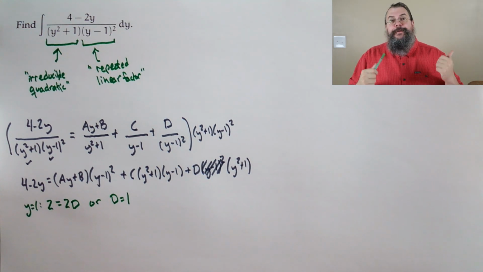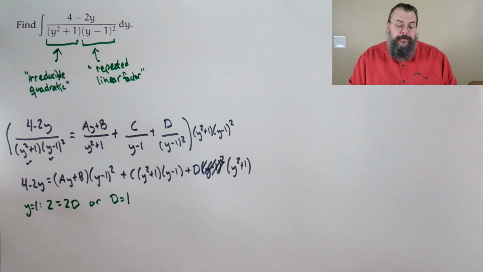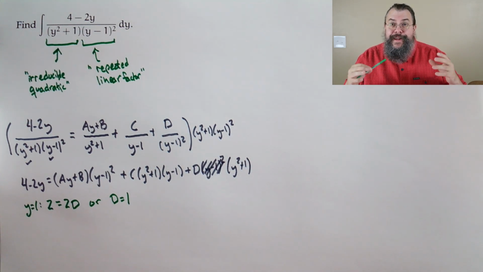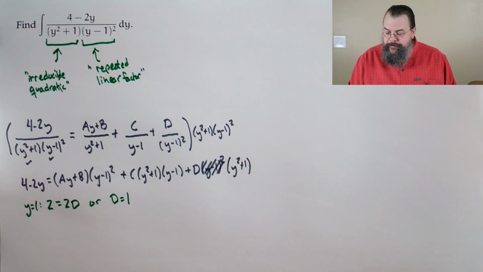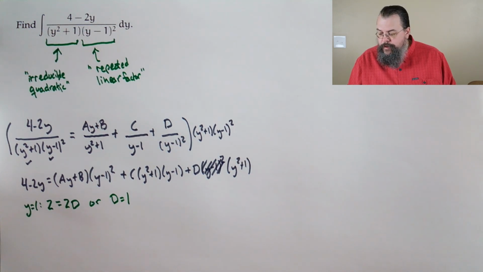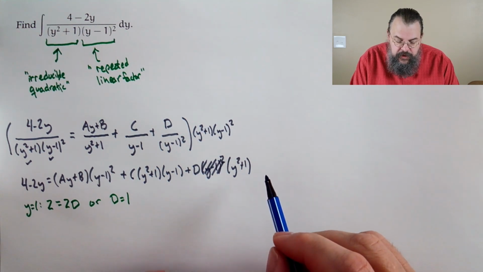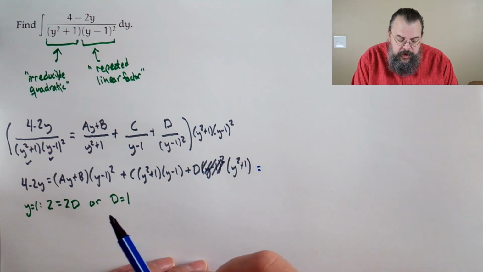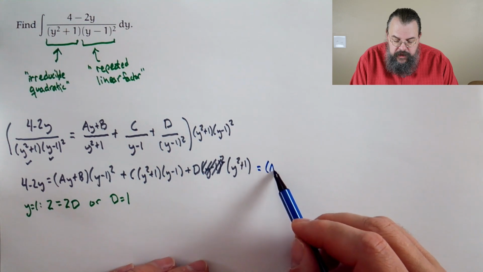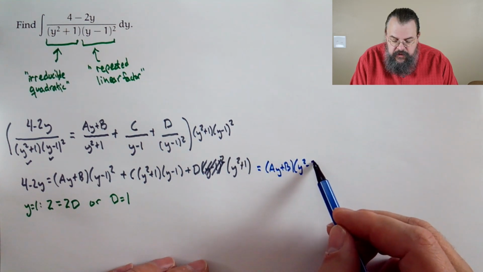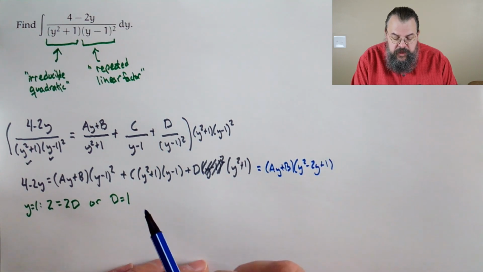So, what now? Well, now we're going to, as they say, bite the bullet, and let's expand out and see what we have. Okay, so we'll work on our terms here. So, expanding, we're going to have Ay plus B times y squared minus 2y plus 1.